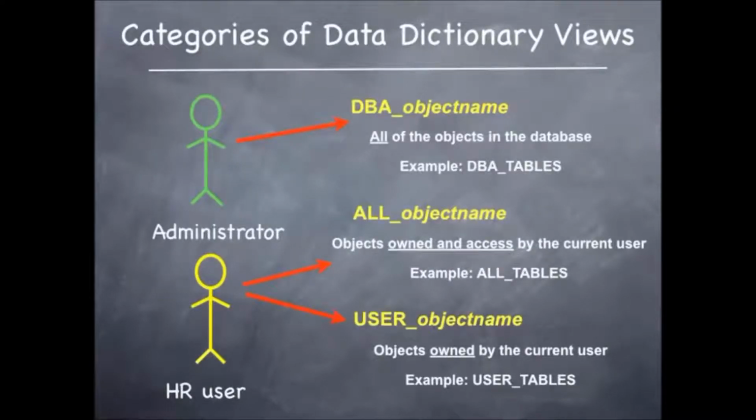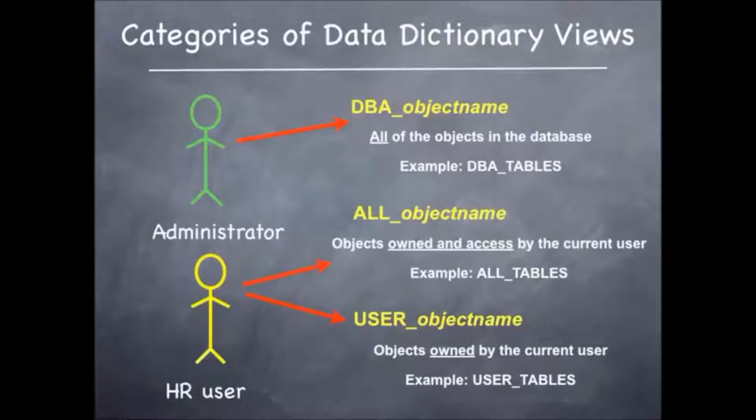There are three categories of data dictionary views which have a prefix of either USER_, ALL_, or DBA_. The data dictionary views that have the prefix of USER_ and ALL_ can be accessed by any user of the database. On this slide, the user HR has been identified as a user who can access the views with the USER_ and ALL_ prefix.